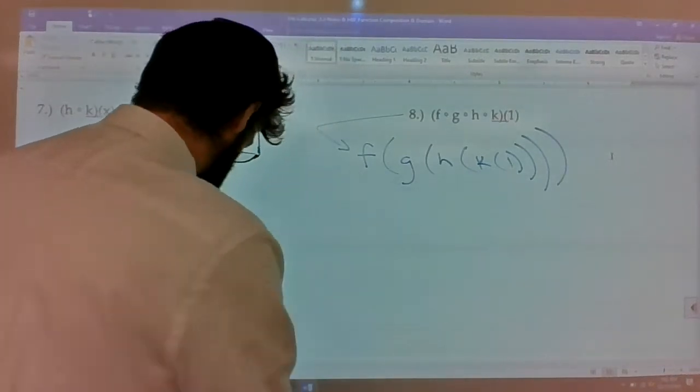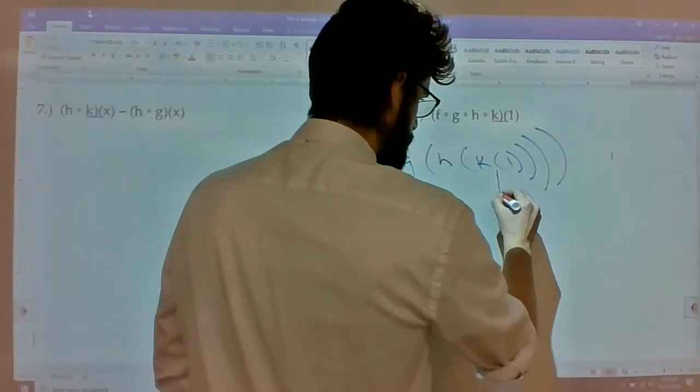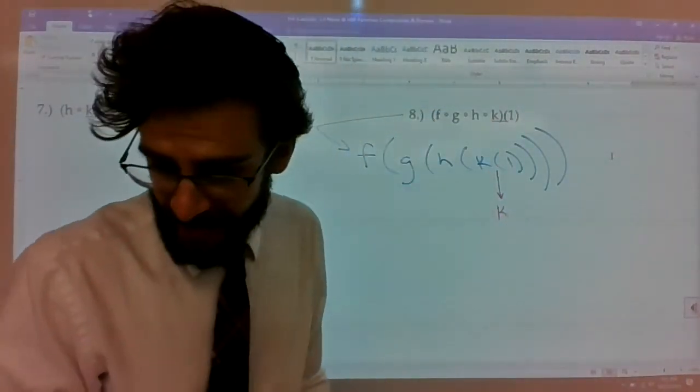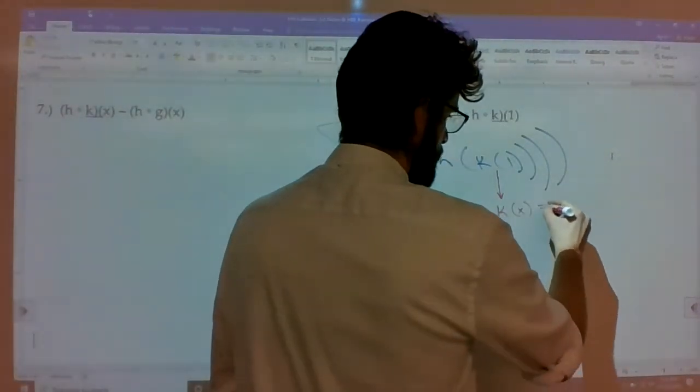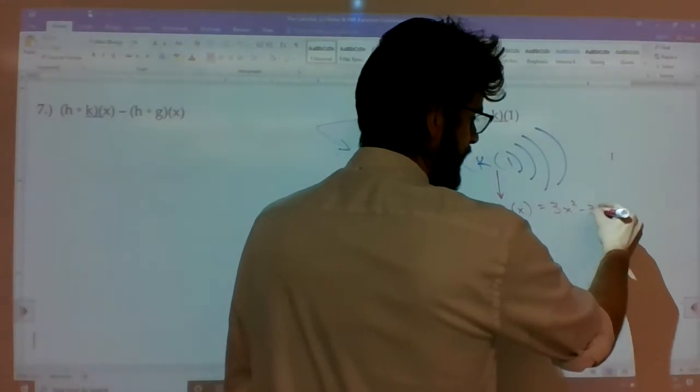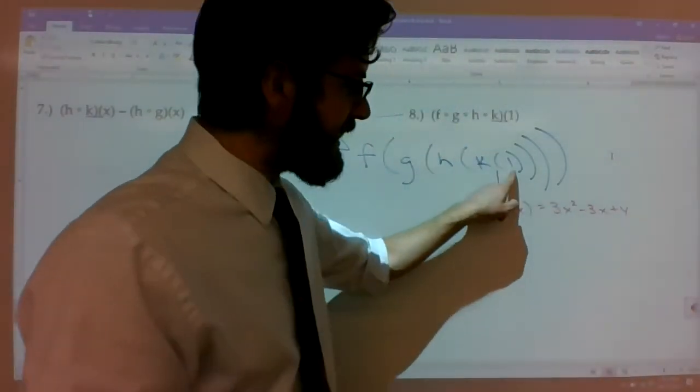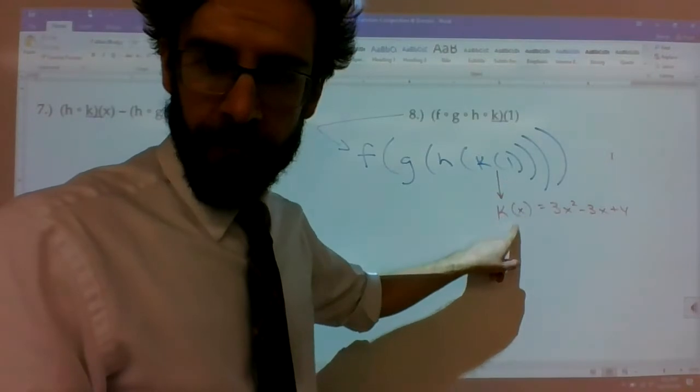K of 1. The function k of x is a polynomial. It equals 3x squared minus 3x plus 4. All this is stating is plug in the element 1 for x.